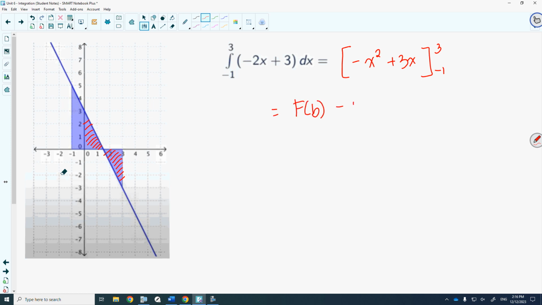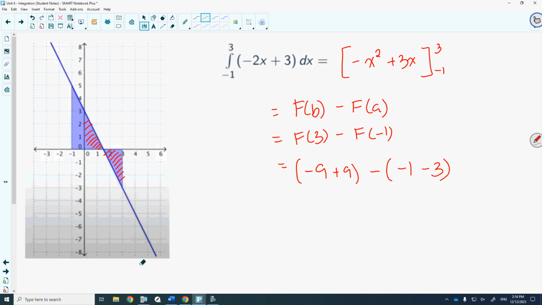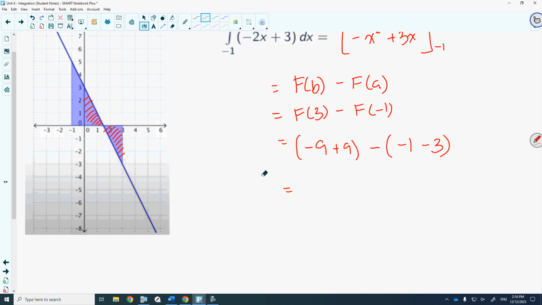It's f of b minus f of a, f of 3 minus f of negative 1. F of 3 is negative 9 plus 9, minus f of negative 1, which is negative 1 minus 3. 0 minus negative 4, and we're getting an overall net area of 4.